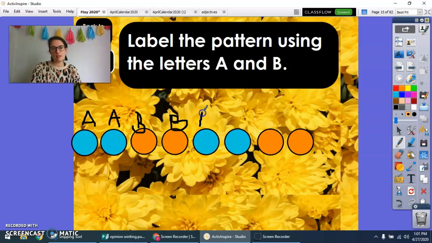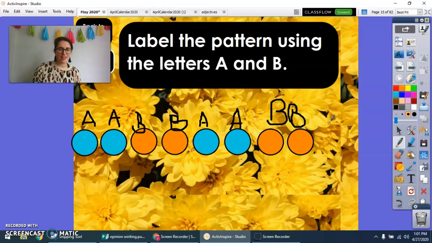So I can label this as an A and this as an A. And then these oranges as what? B's. Yeah, I can make that a B and this a B. Okay, so I have an A, B, B, A, B, B pattern.